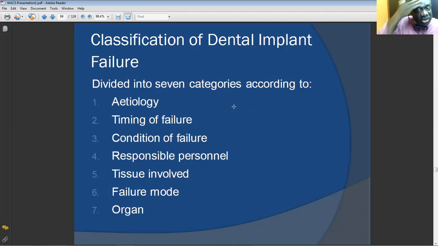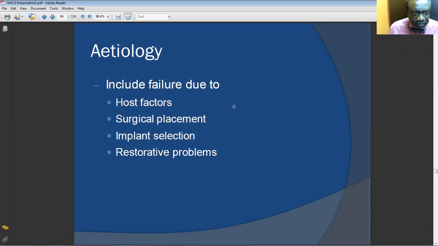So, classification of dental implant failure. You can divide it into the etiology, the timing of the failure, the condition of failure, the responsible personnel, the tissue involved, and the failure mode.